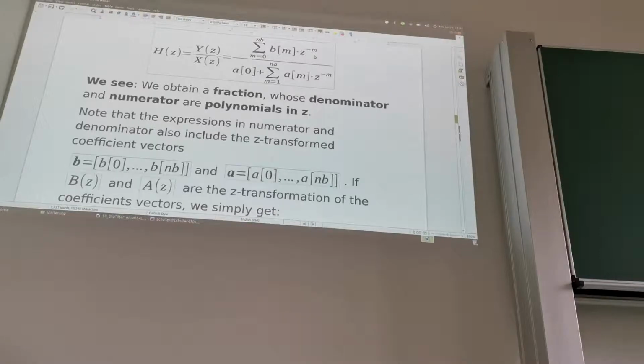So basically what we see here in the numerator is the Z transform of the sequence B. Same here in the denominator. And here you can now also see why we need this A0, because the sum here starts at 1. Right? And if you include this A0, then we have the Z transform of the A coefficients. So the transfer function is simply the Z transform of the B coefficients divided by the Z transform of the A coefficients.